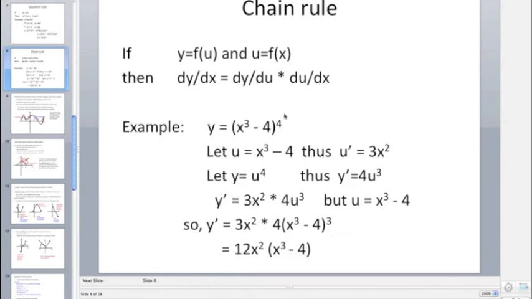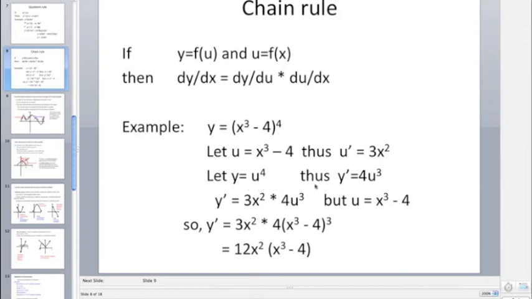For example, y equals (x cubed minus 4) to the power of 4. We let u equals x cubed minus 4, thus we find out u dash equals to this. Because we let u equals x cubed minus 4, thus y equals u to the power of 4, which is this.